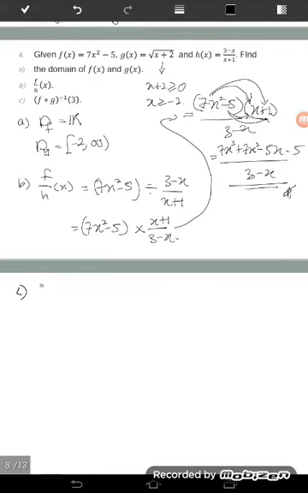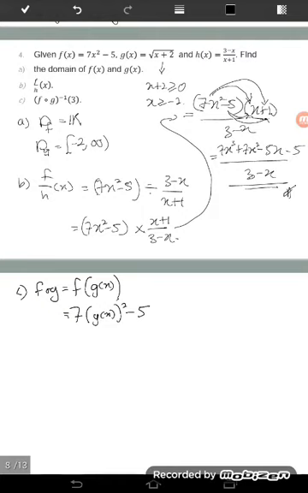So f o g is equal to f, inside of f we have g(x). Okay, so f is 7x squared minus 5. So x we substitute with g(x). Therefore we have 7 times g(x) squared, minus 5.